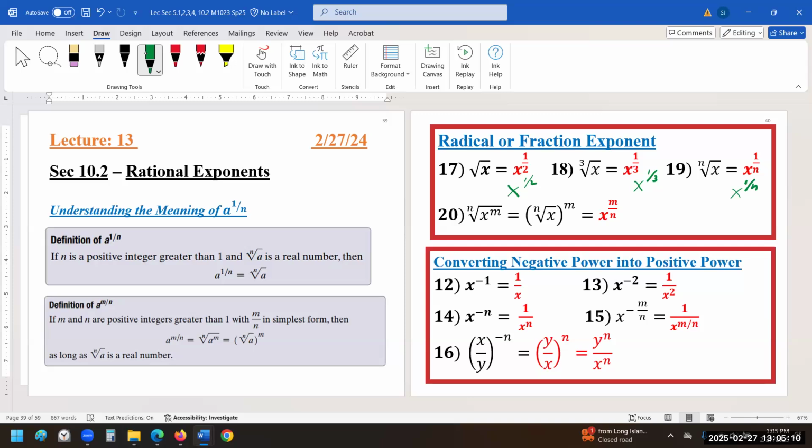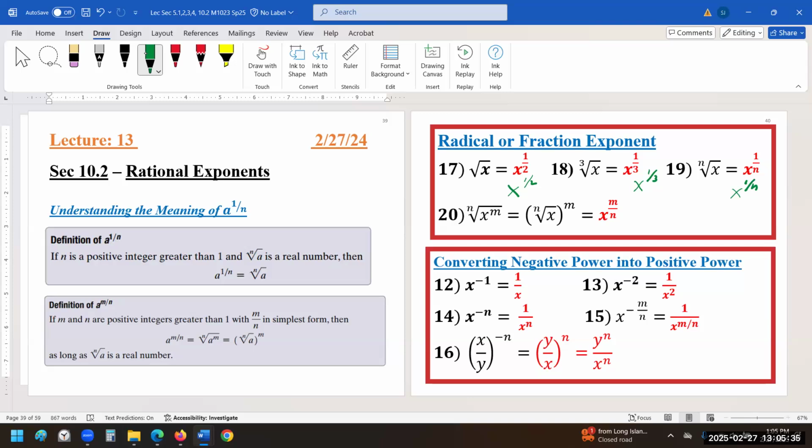So if you observe, whatever we have inside the radical, that actually goes on the bottom. So square root, square means 2, so that's why you have 2 on the bottom on the power exponent. Cube root, so you have 3, so 3 goes on the bottom as power, fraction power. So whatever number you have inside your index, that is the denominator.